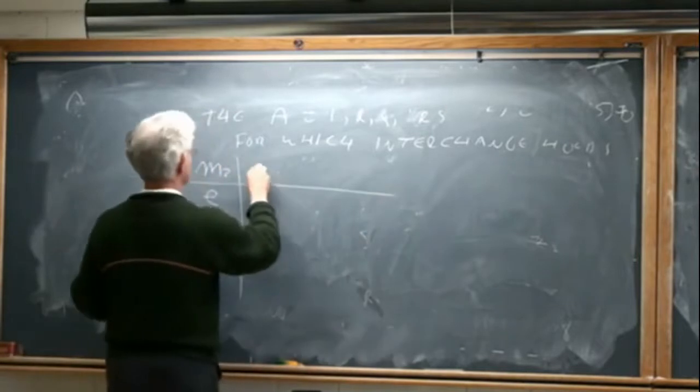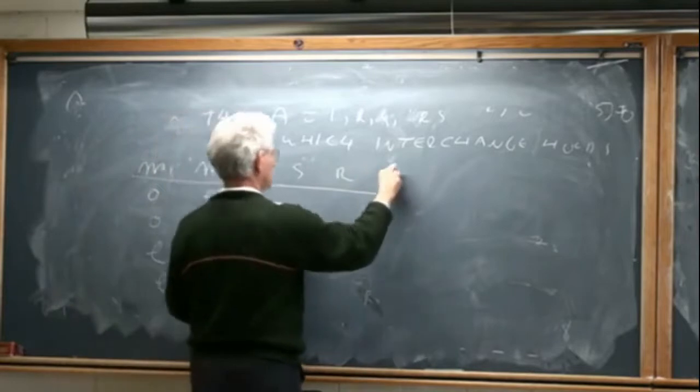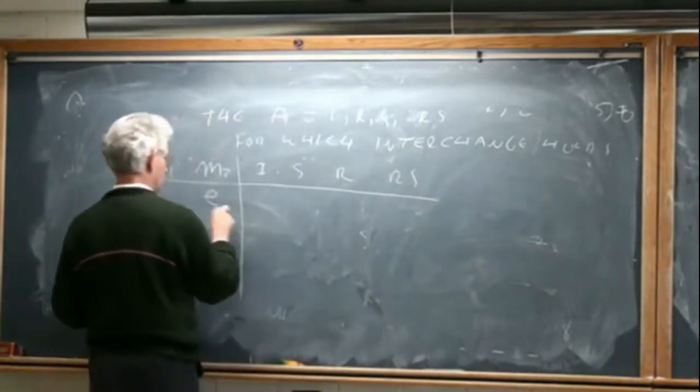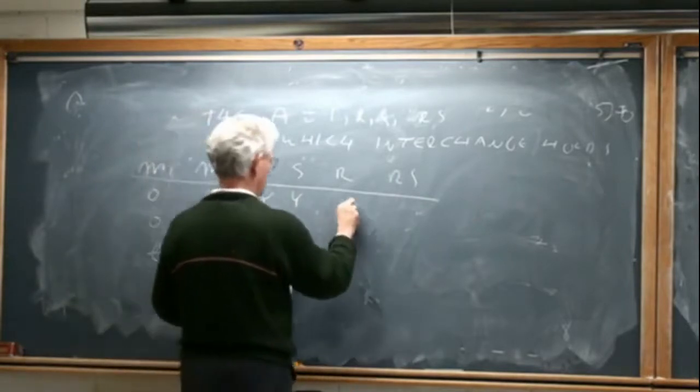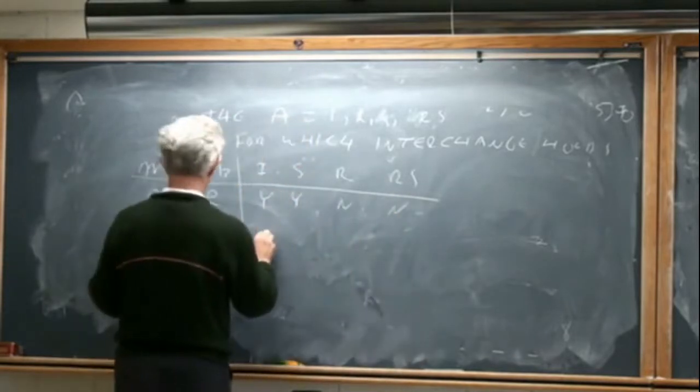And let's say which of the A's it commutes with. You find in the case that Baxter did, it commutes with those two, and does not interchange with those two.